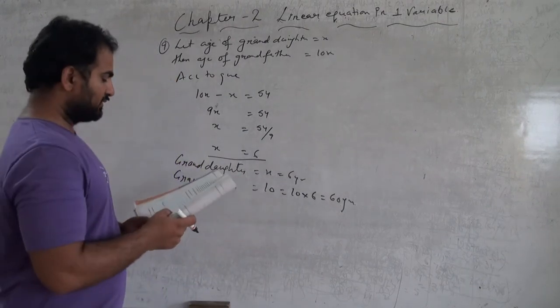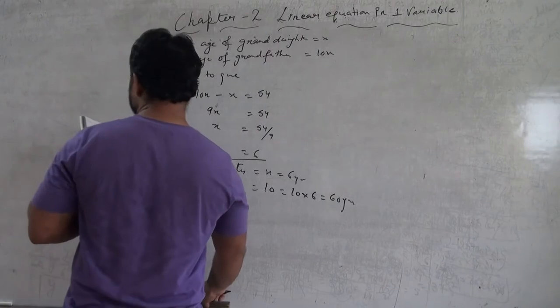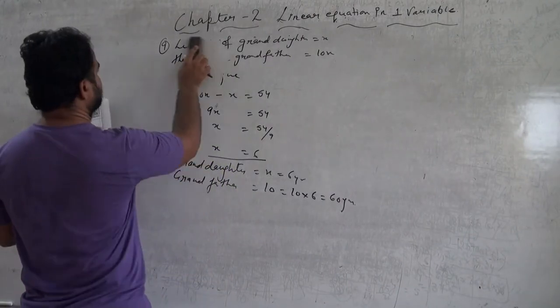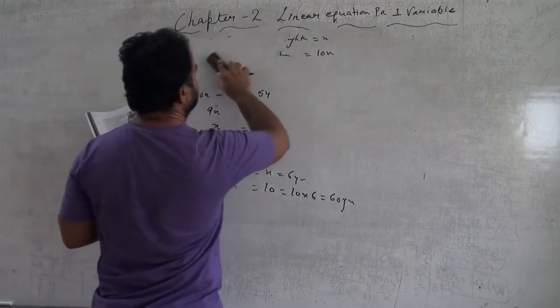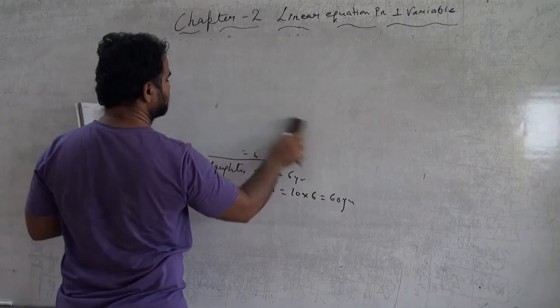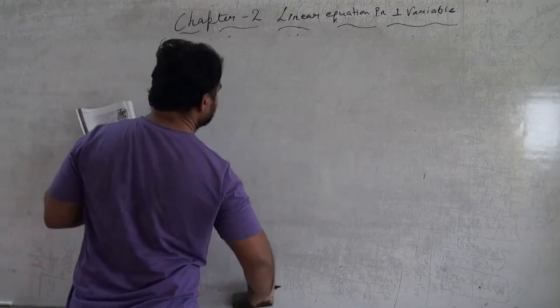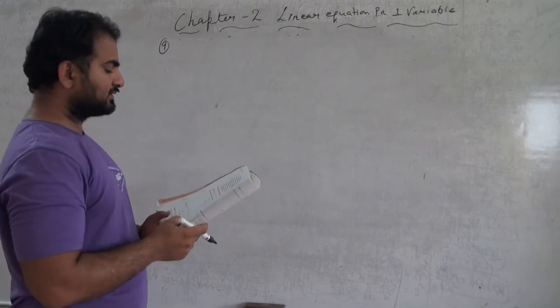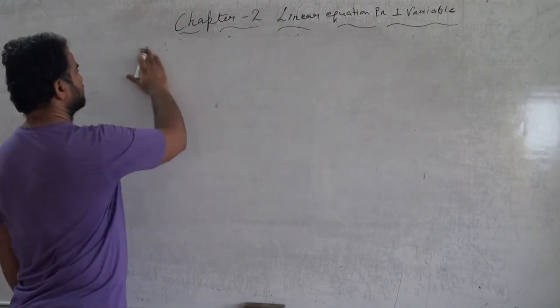Okay. Next 10th question is, Aman's age is 3 times the age of his son. So Aman is the father and his son's age is 1/3. Okay. So let his son's age equal x. Question number 10.